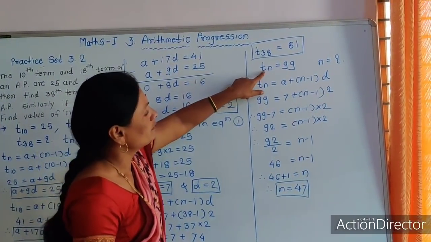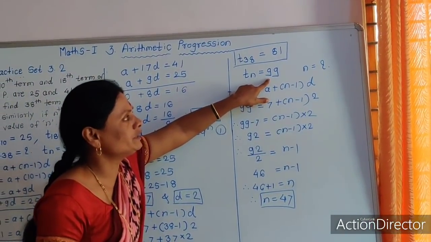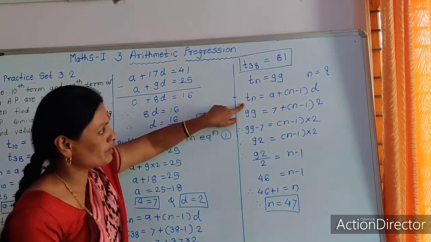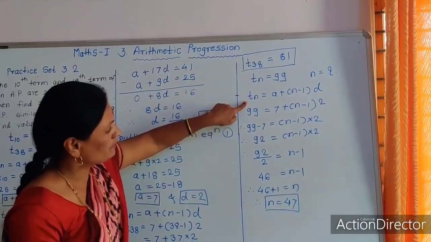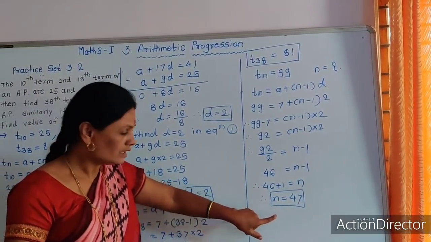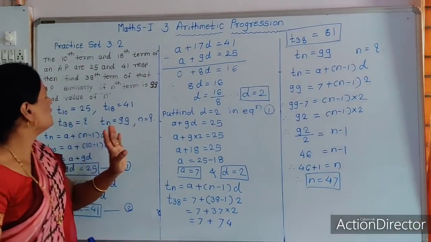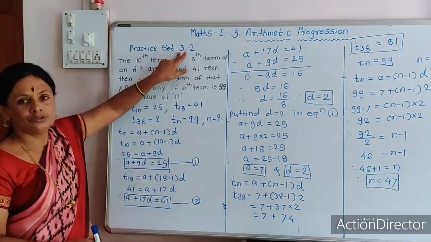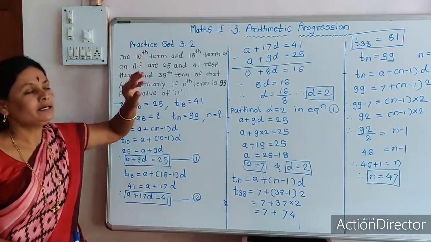Then next Tn is equal to 99 is given. Then we have to find n. Again we write the formula of Tn, and after solving this we get the value of n. In this way we complete practice set 3.2. After this lecture you should solve practice set 3.3.